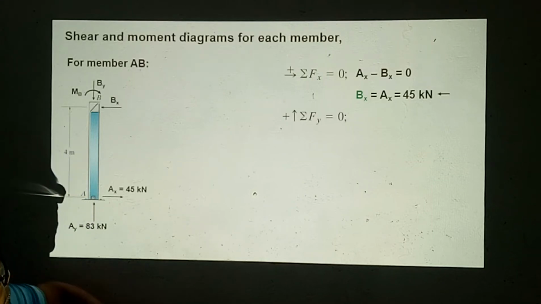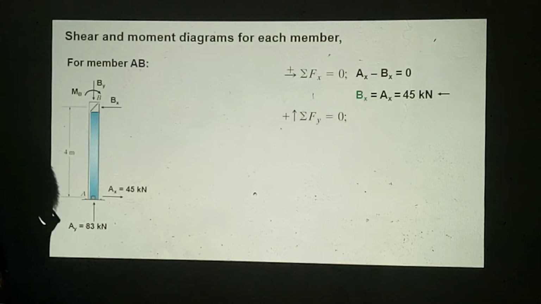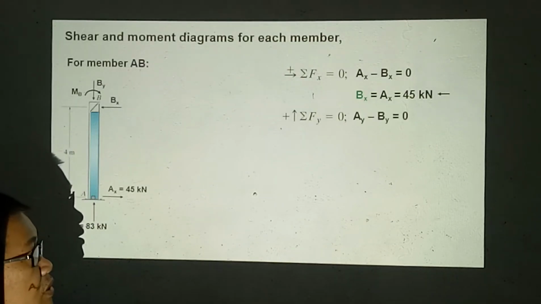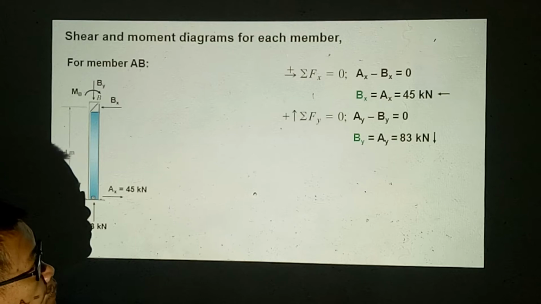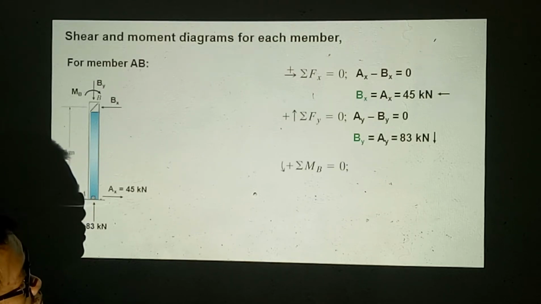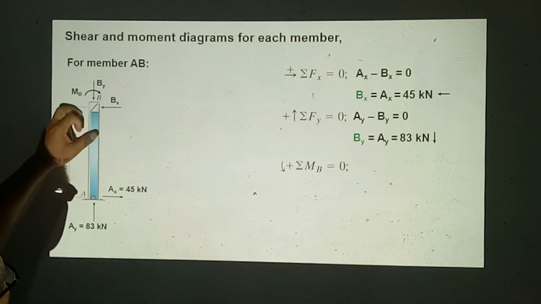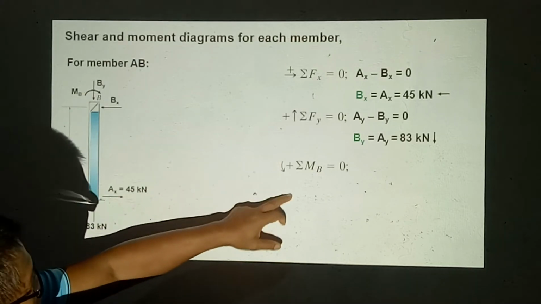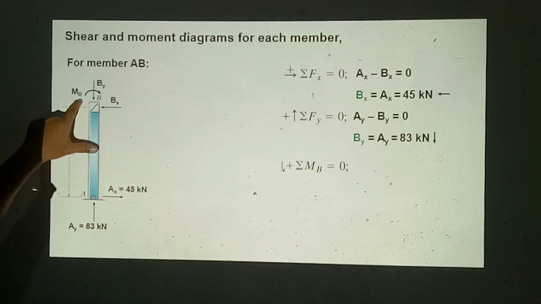Then summation of forces along y equals 0. We have also by and ay. So by will just be equal to ay equals 83 kilonewtons, but it's directed downward. And then the moment summation at joint B equals 0. MB is clockwise, and this is counterclockwise, so this is ax times its moment arm minus MB.